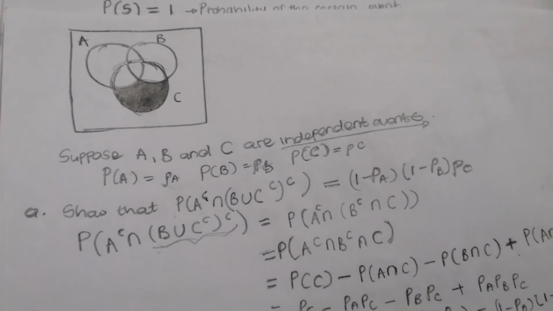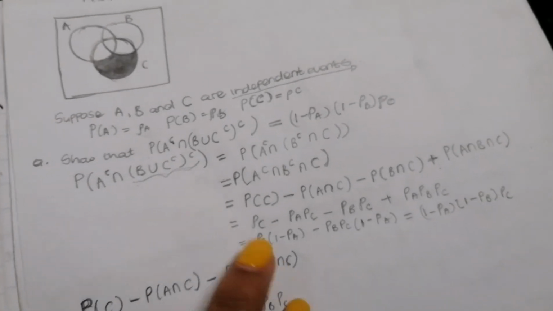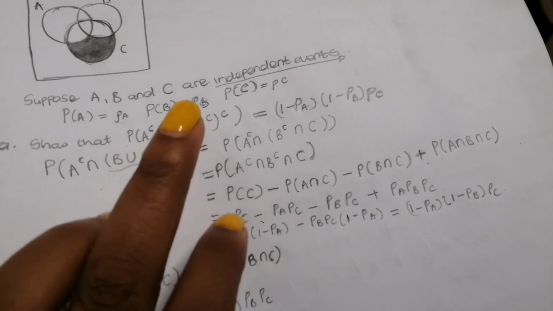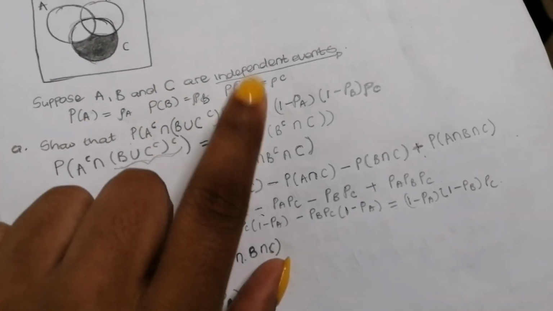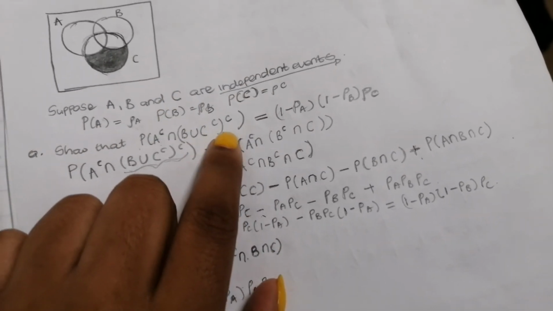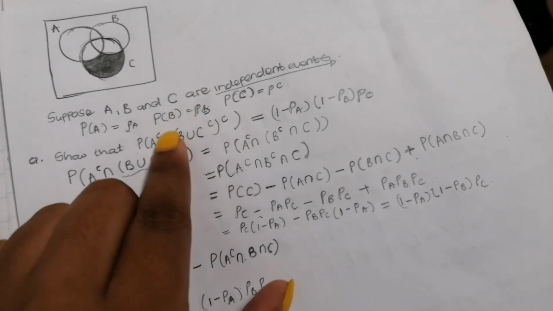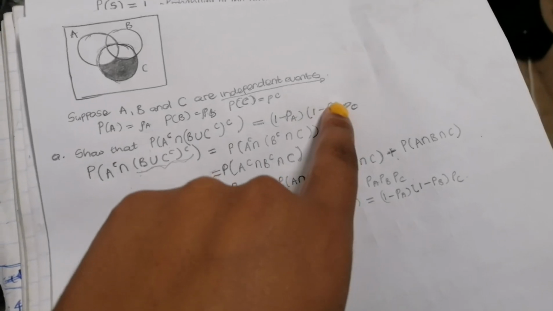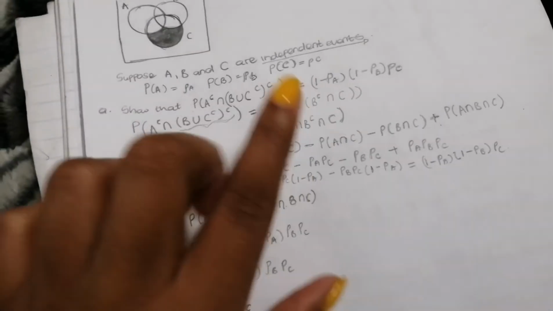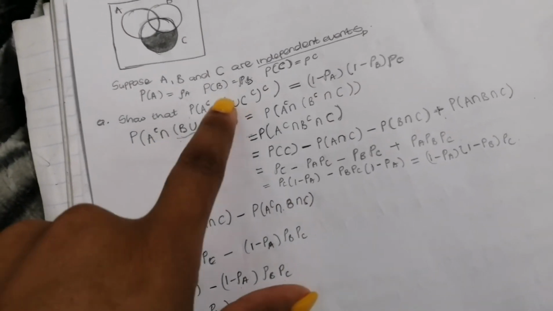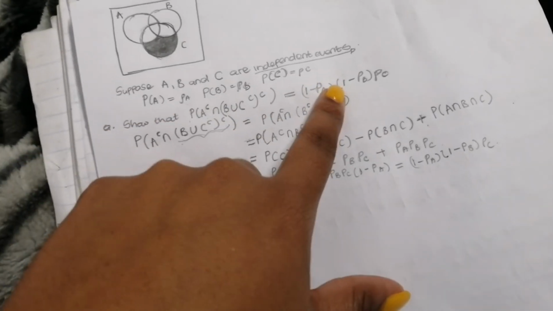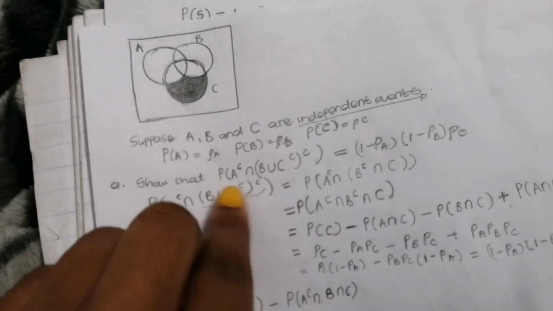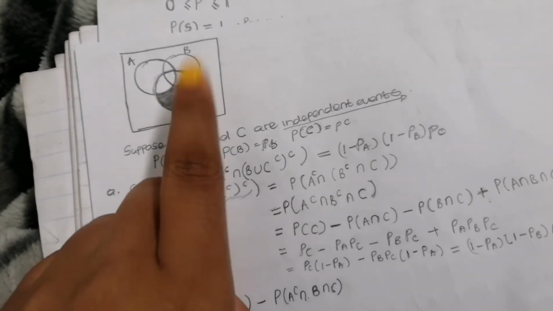Sorry about that. They were like, show that the probability of A complement intersect (B union C complement) complement equals to that. So they gave you this to show that this equals to that. They also gave you a diagram showing you this region, right?